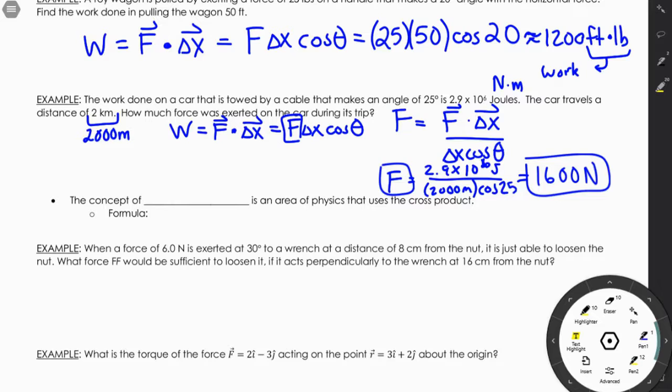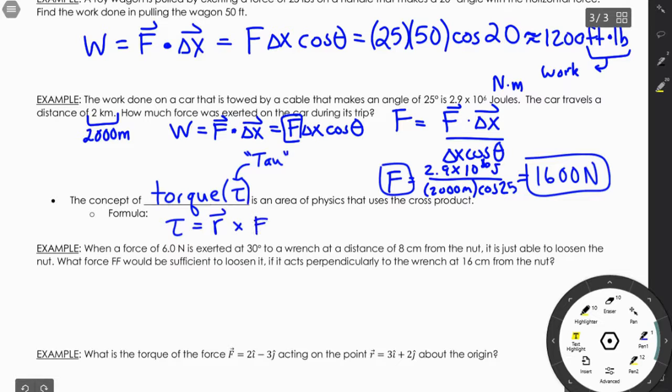Now, if we look at the other one here in physics C mechanics for cross product, it's torque, right, which is given the symbol tau, which is a Greek letter, the Greek T, okay? So it's an area of physics that uses cross product. The formula is tau equals R cross F, right? So when you do cross product, it does matter which comes first, which comes second, okay?